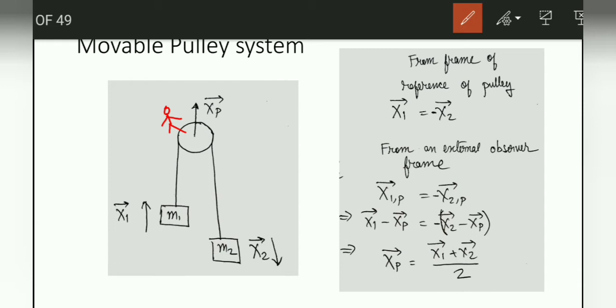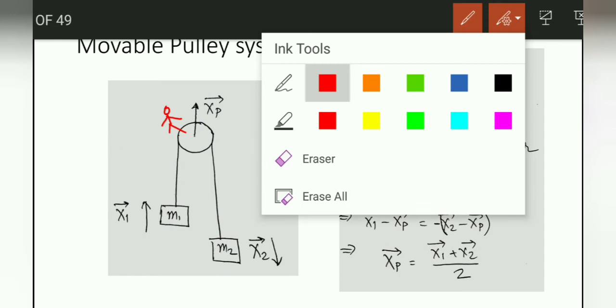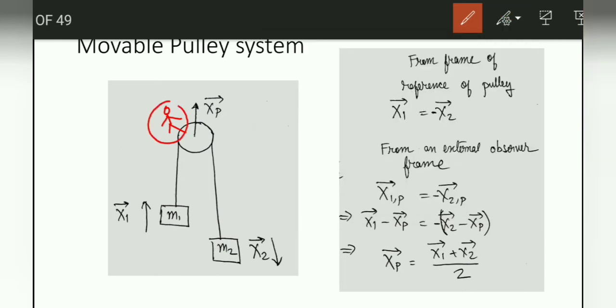So when you are sitting on this pulley, just for example, the pulley is not large enough to accommodate you maybe, but if you are sitting on the pulley, then you will feel that the pulley is stationary.